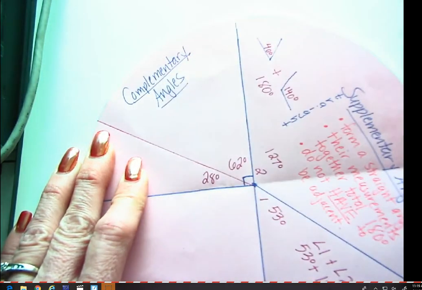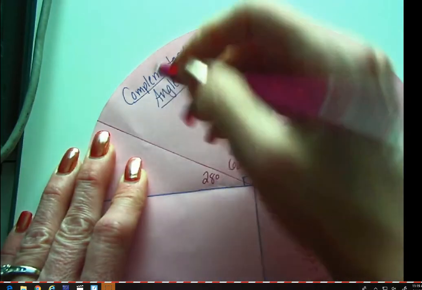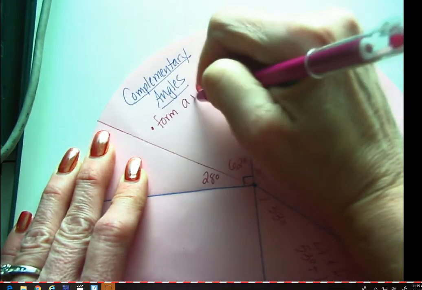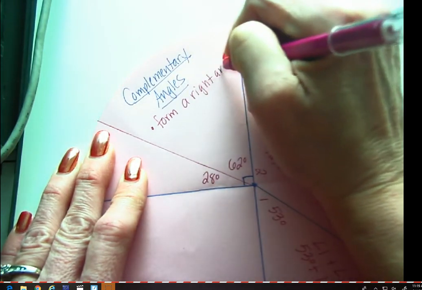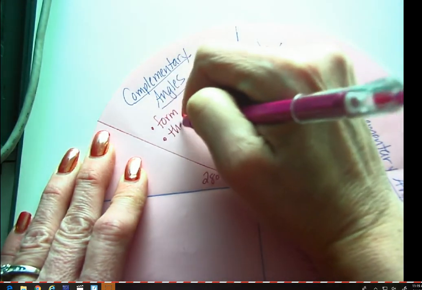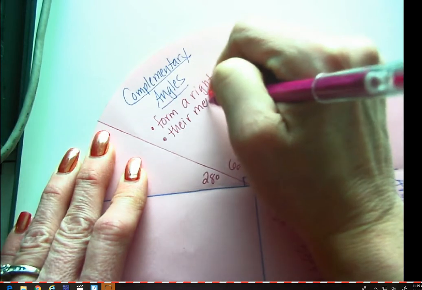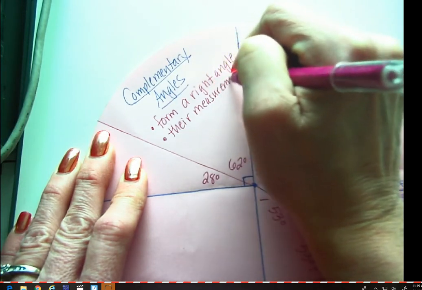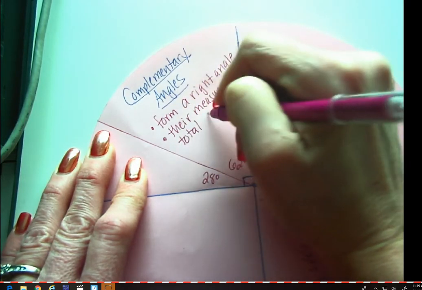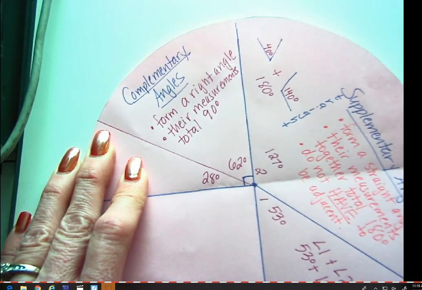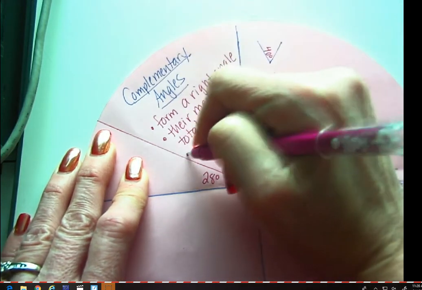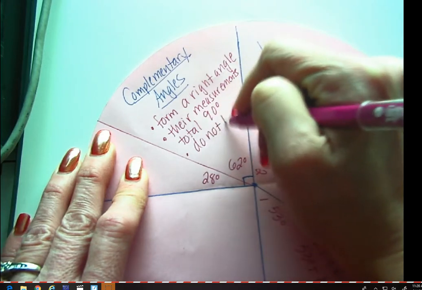Complementary angles, the first thing about them that we discovered today is they form a right angle. Their measurements total 90 degrees.